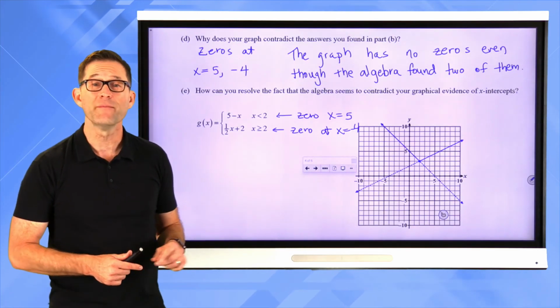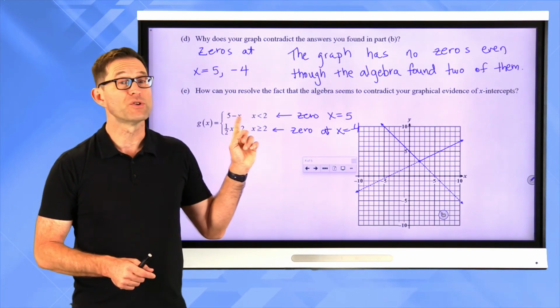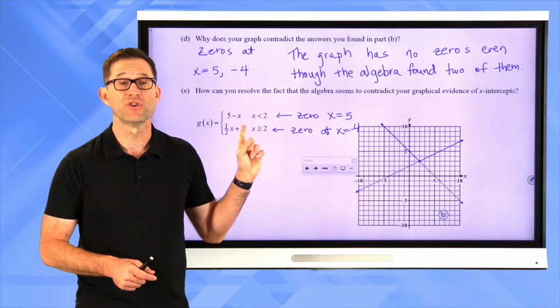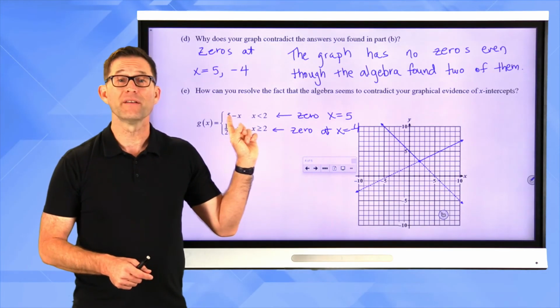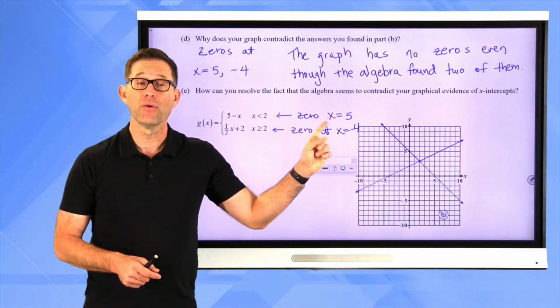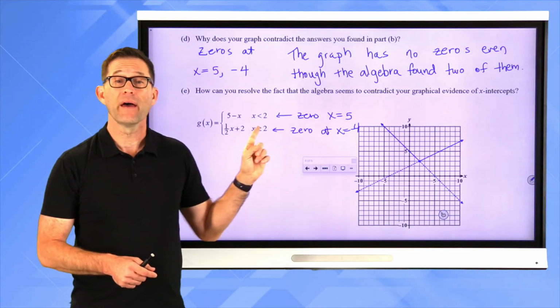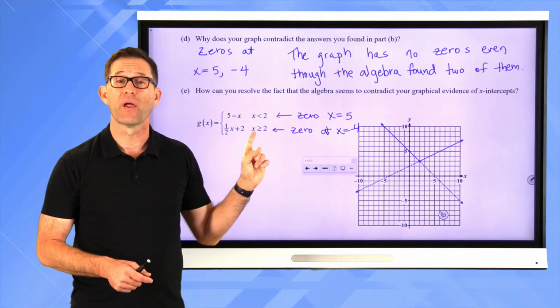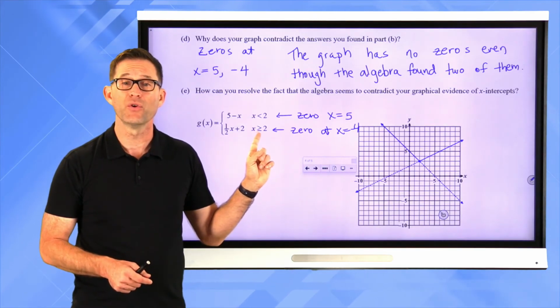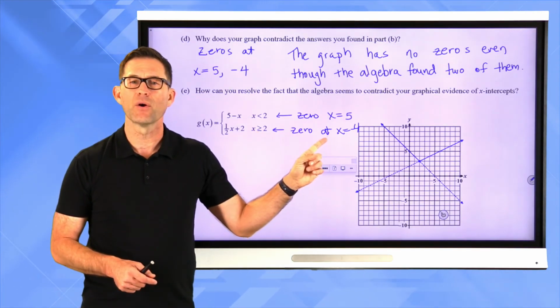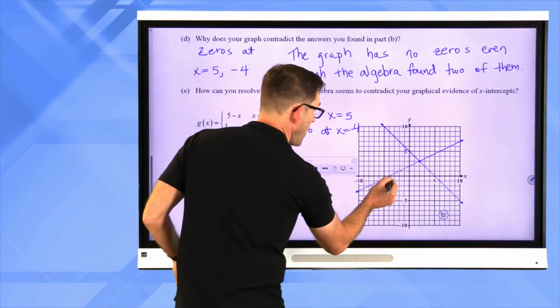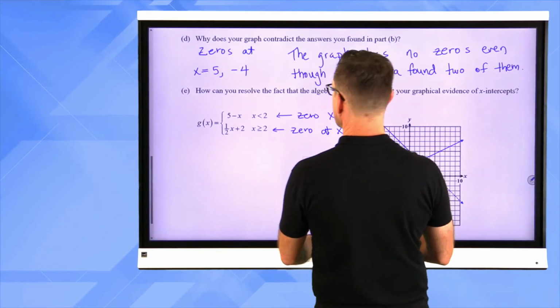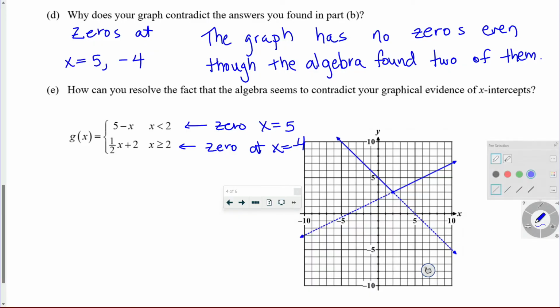Well, it's kind of cool, right? In this first formula, which only applies when x is less than 2, the 0 is at x equals 5. So this formula doesn't apply at the location of the 0. Likewise, this formula only applies when x is greater than or equal to 2, and we had found a 0 at x equals -4. In fact, we can see those zeros on the graph, right? Let me make them in red, just so that we can see them a little bit more obvious.